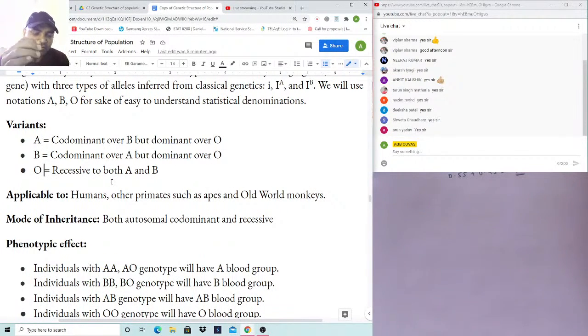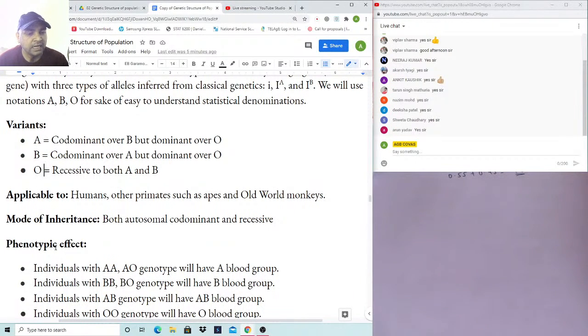So here comes your knowledge of the genetics part: unless you know the mode of inheritance for a trait, you will not be able to deduce or estimate the allelic and the genotypic frequencies in the population. And it is applicable to humans, other primates such as apes and old world monkeys.